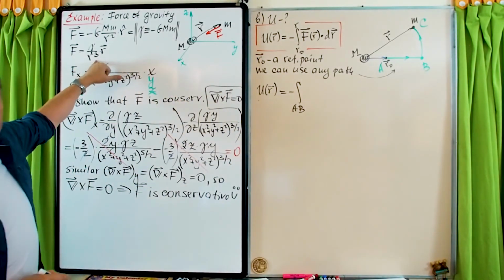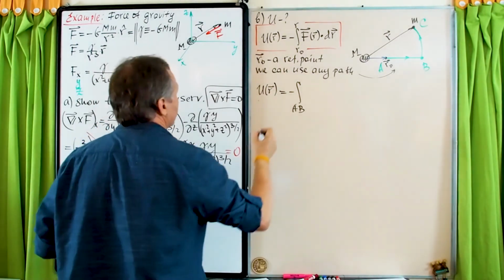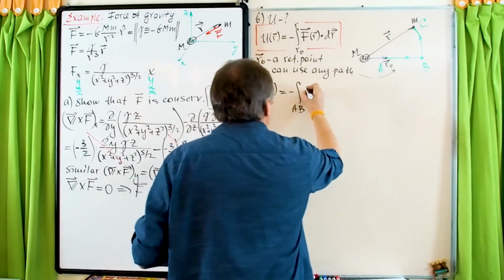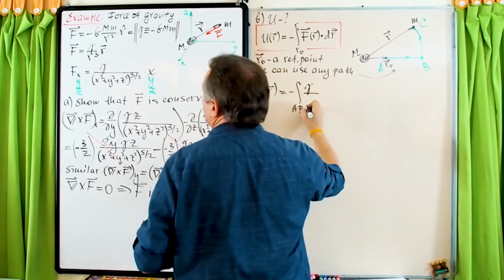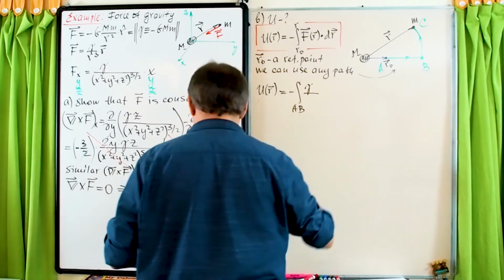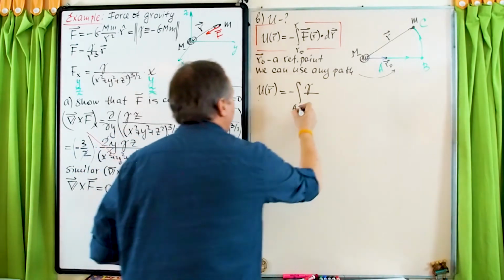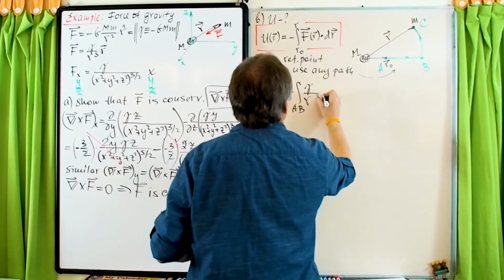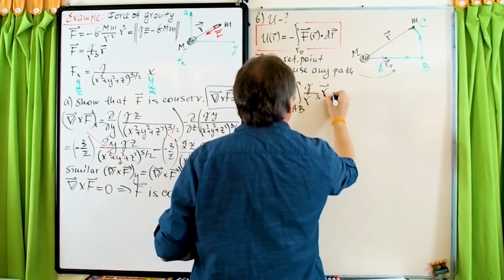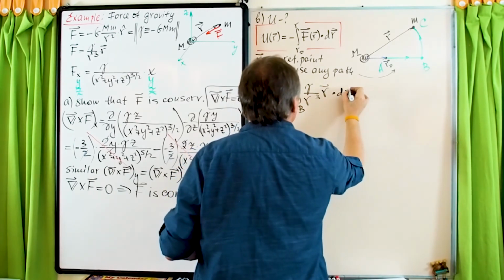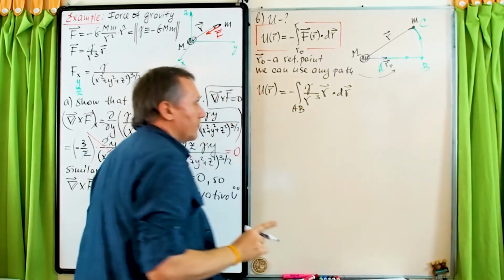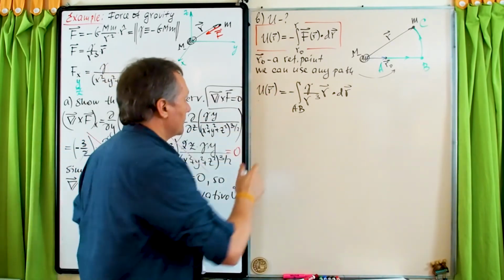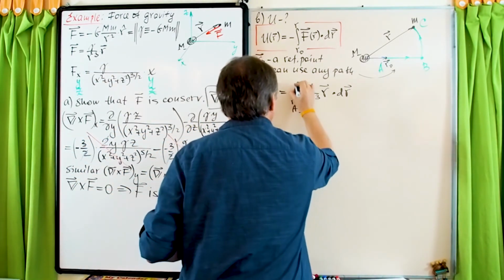So now let's use F: gamma over r to the power of 3, then r dot dr. Since the upper limit is r, I can show it from r0 to r.